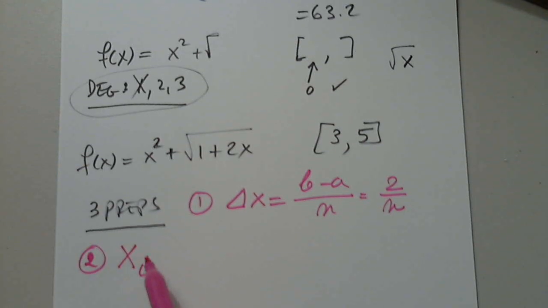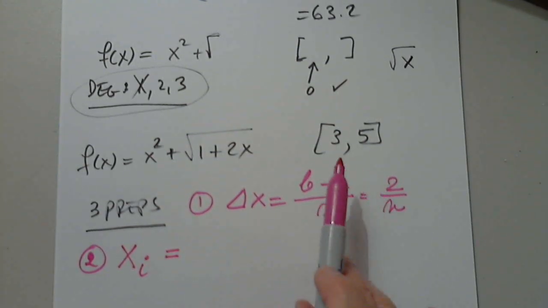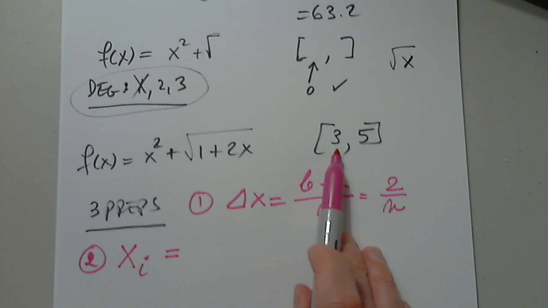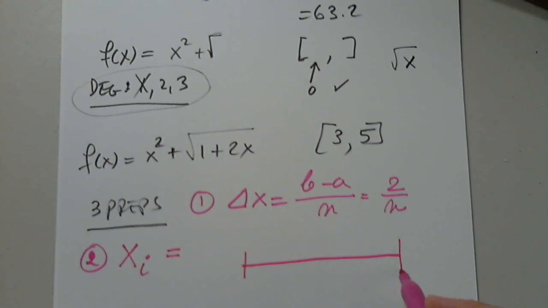Find xi. Good. So it would be 2i over n. Careful. If we start at 0. So let's picture the interval. The interval is between 3 and 5.